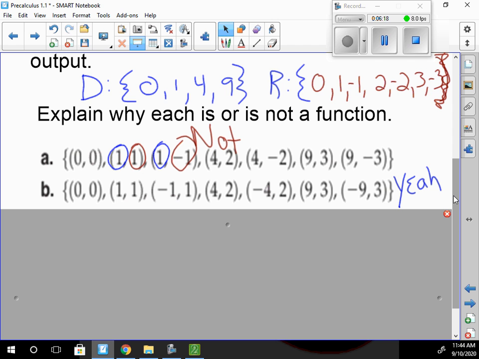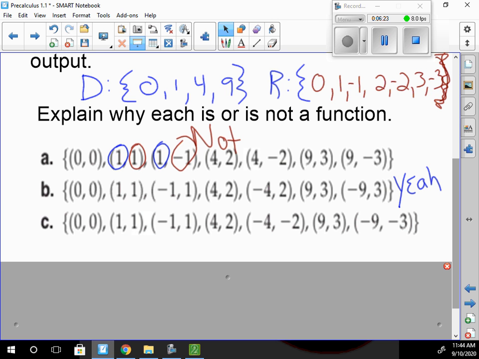Let's try another one. C. For this one, I have 0, 0, 1, 1, negative 1, 1, 4, 2, negative 4, negative 2, 9, 3, and negative 9, negative 3. What do we think? Would this be a function?